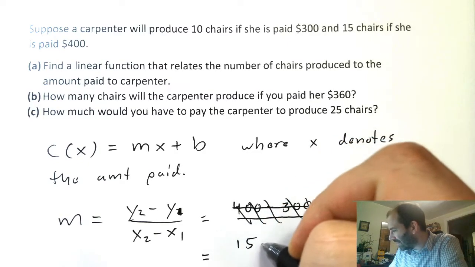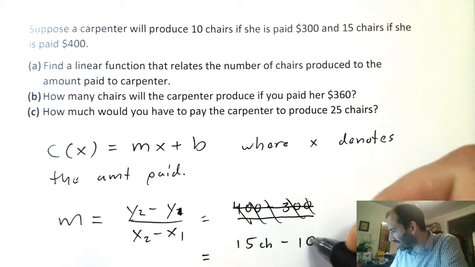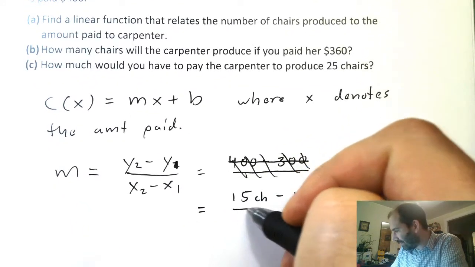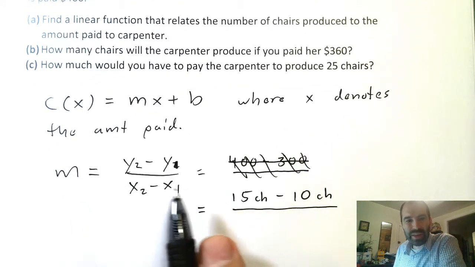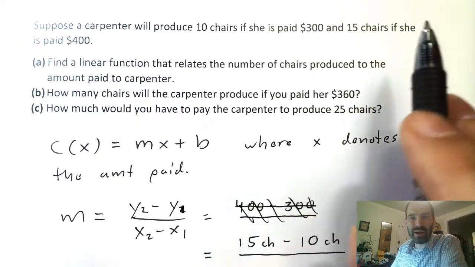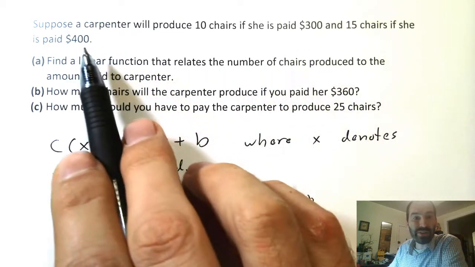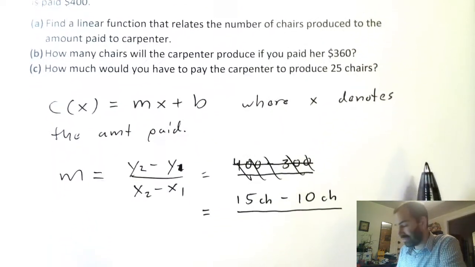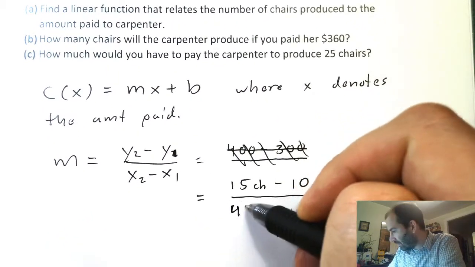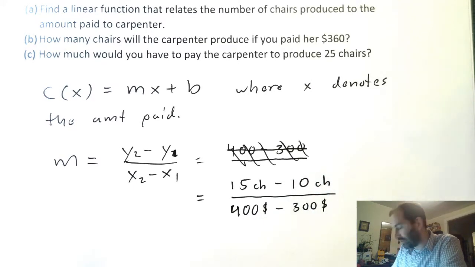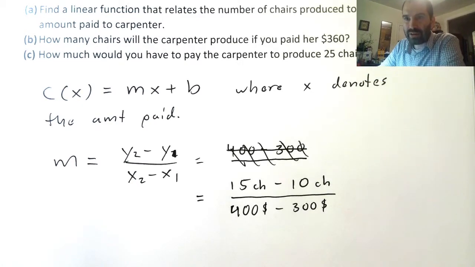I'll just use CH for chairs. I didn't read that carefully. The x's are the amount paid, which is what I was just talking about. We wrote that down. So that's $400 minus $300.